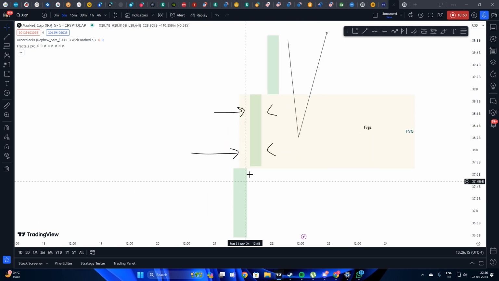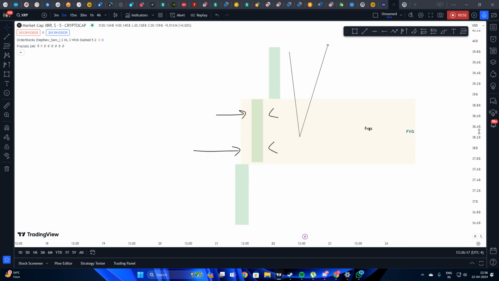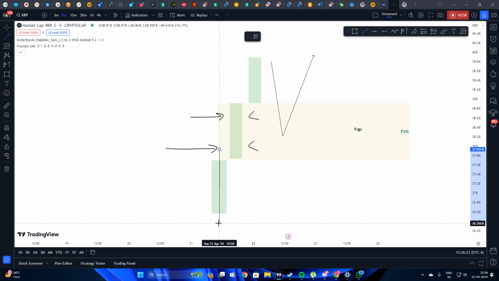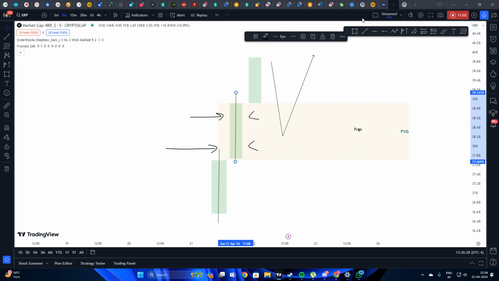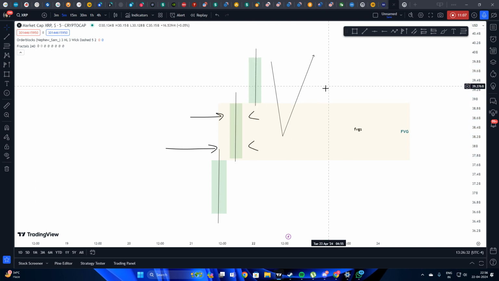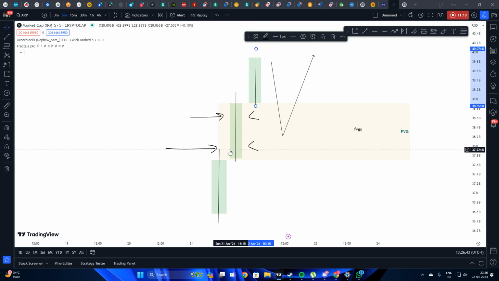Okay, but what if the candles have wicks? Now there are three things to note in that. Let's say this is candle number one, candle number two, and this is candle number three. Now this is a good case FVG. Why? Because this candle's wick is not crossing that candle's wick.